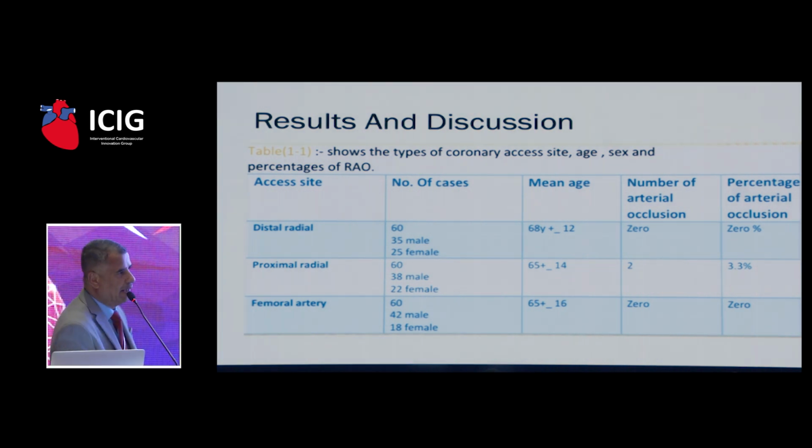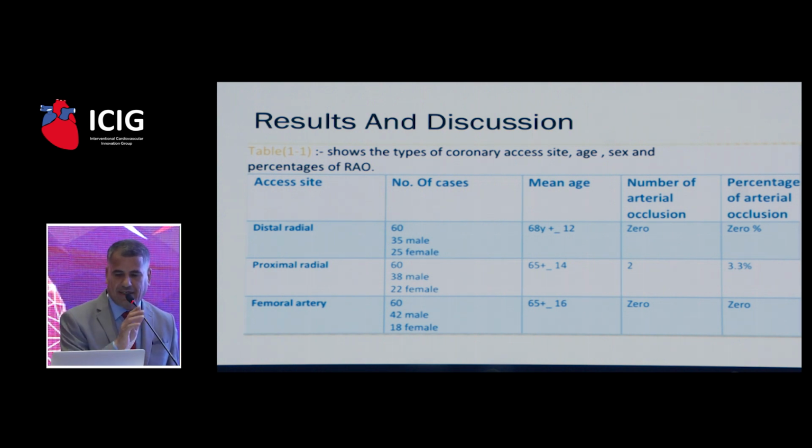At one month, we did a vascular ultrasound for detection of radial artery occlusion, and at the discharge of the patient. We can see the rate of arterial occlusion in this registry.